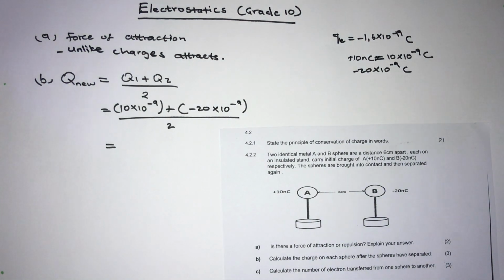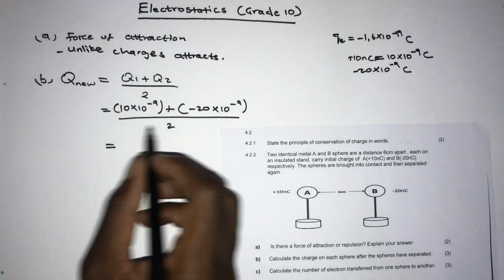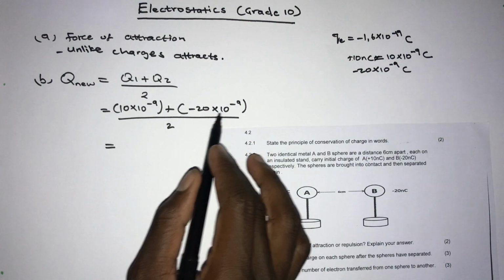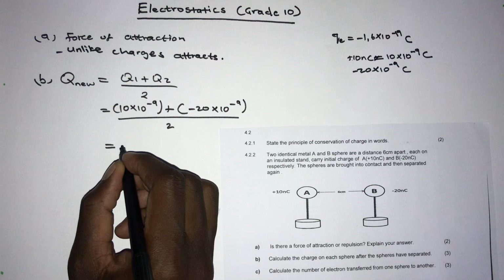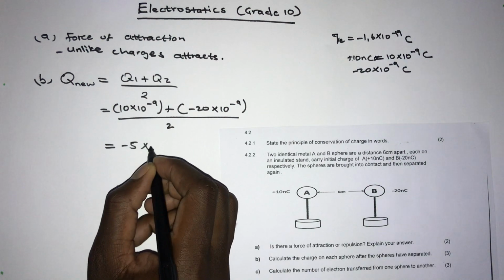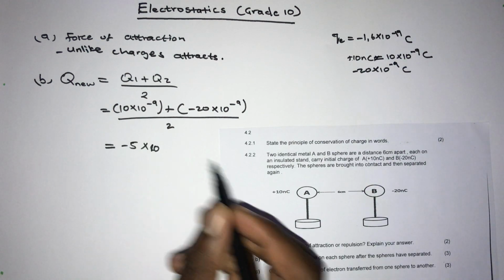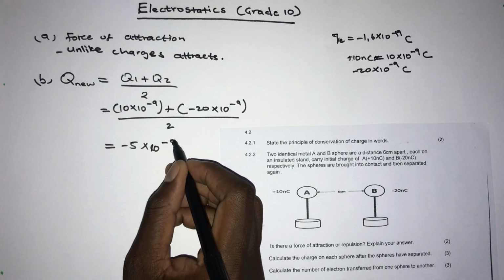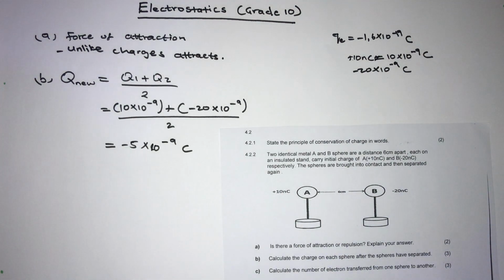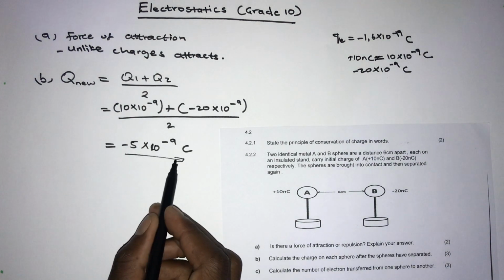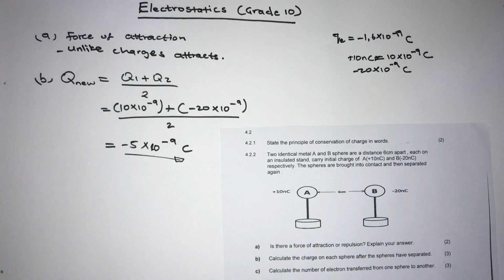So the answer here is the charge on each sphere. So let's check. When we add this with that one, then we divide by 2, the answer is going to be 5 times 10 to the negative 9 coulomb. So this is the charge on each sphere when they get separated after the contact.